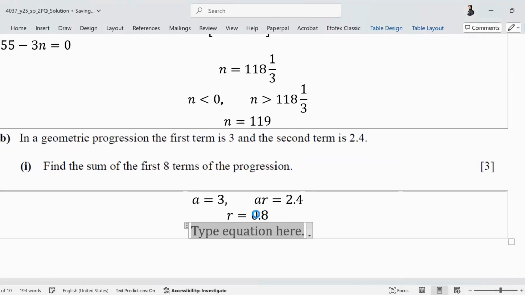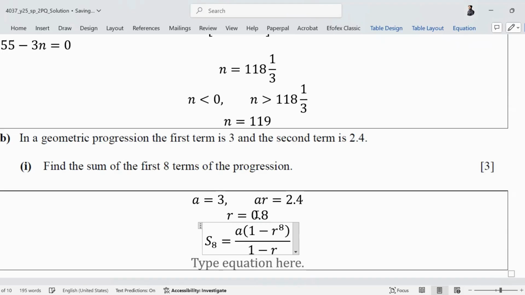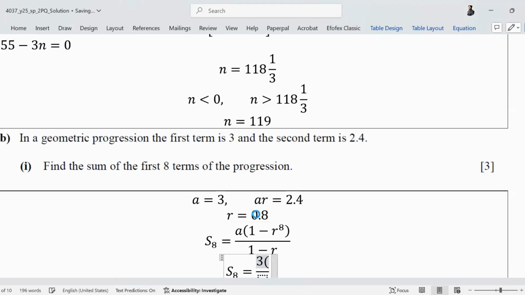And the question is asking the sum of the first 8 terms. S8 is A bracket 1 minus R to the power 8 upon 1 minus R. So S8, value of A is 3 bracket 1 minus 0.8 to the power 8 upon 1 minus 0.8.